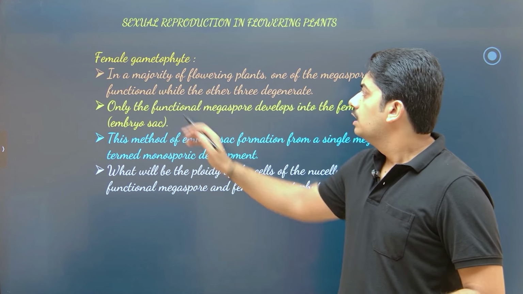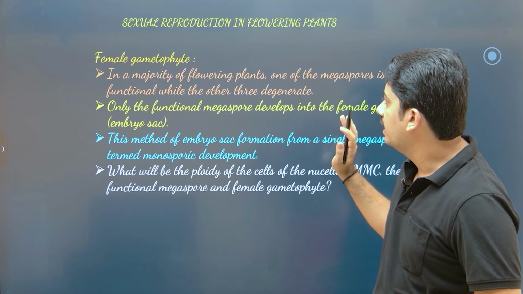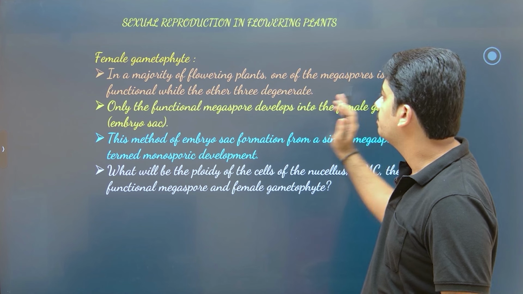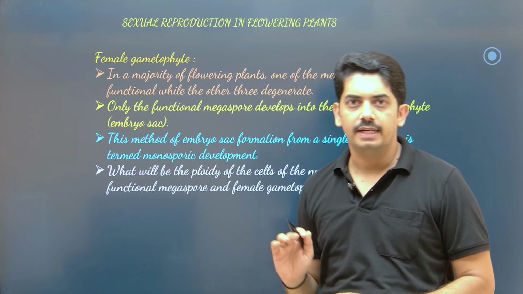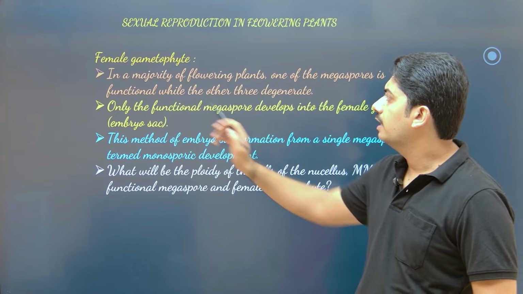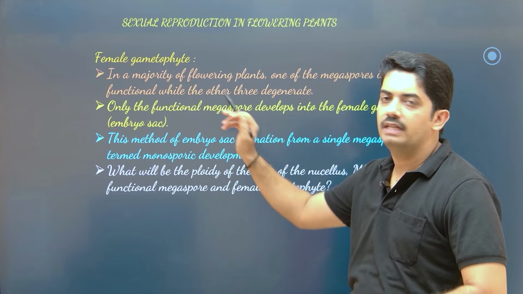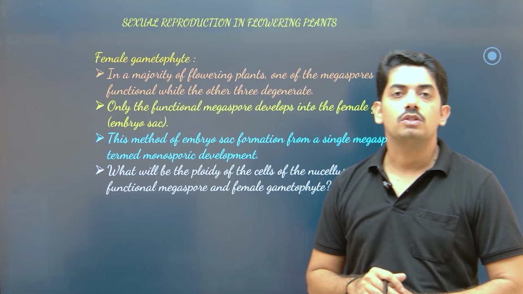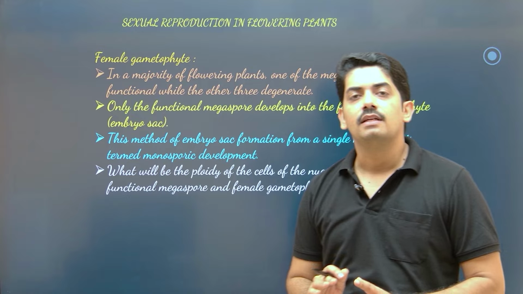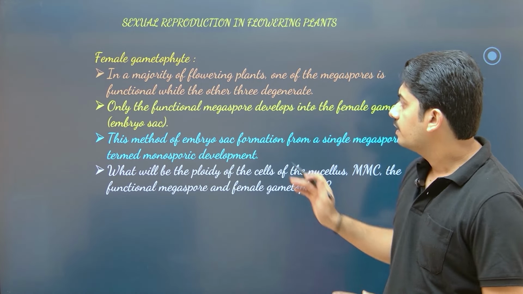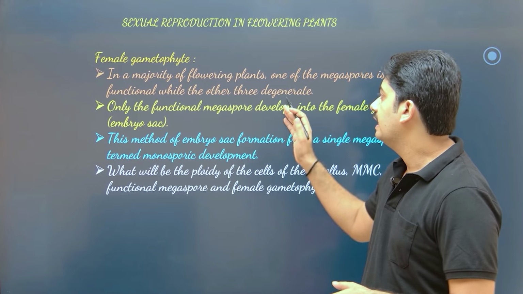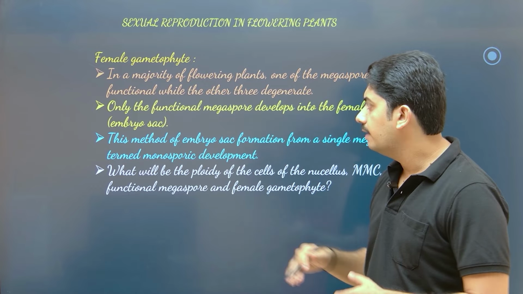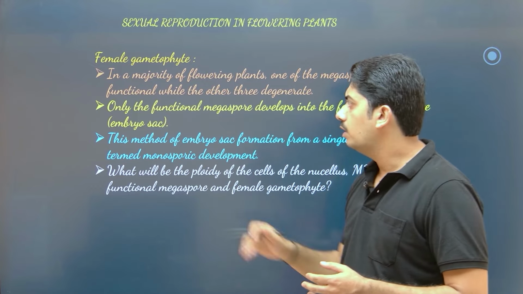In a majority of the flowering plants, one of the megaspores is functional while the other 3 degenerate. That means not in all plants, but in most cases, 3 will degenerate and 1 will become the functional megaspore.